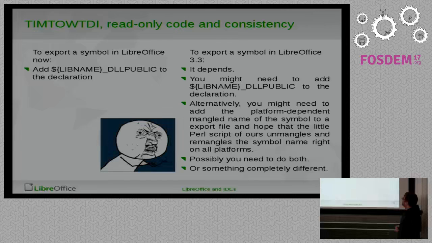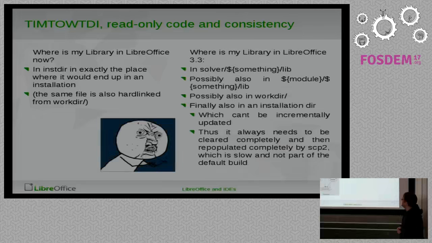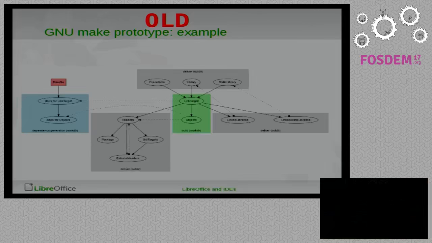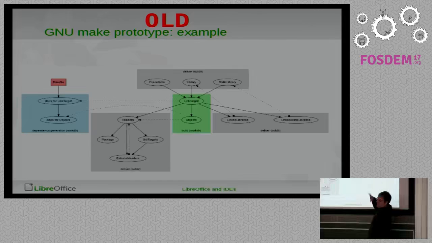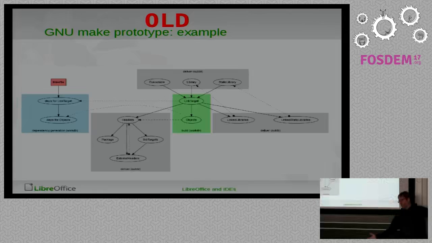So this was the initial implementation of the back then new build system, where we had all these targets in one huge dependency tree, and that meant that we were aware of all the stuff that was happening in all the build.